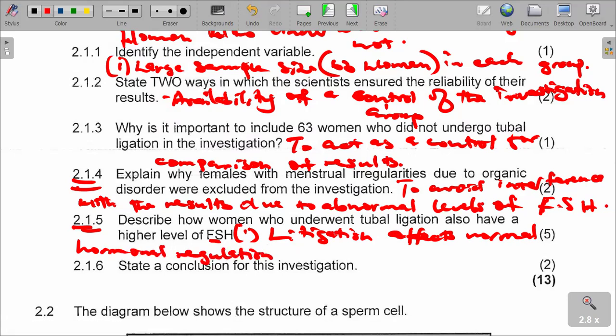It is one of the reasons given there, that the ligation might also cause the hormones to be abnormal. So hormonal regulation can be affected.